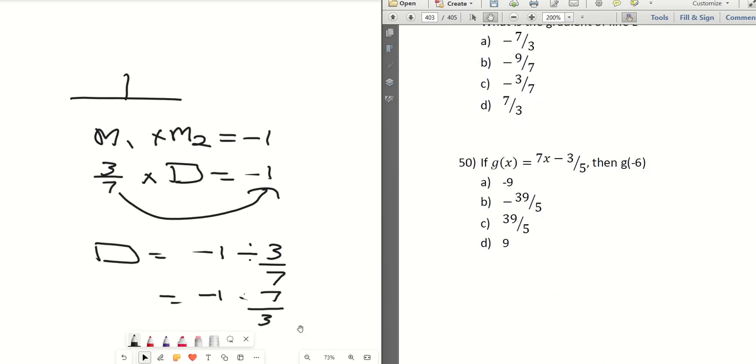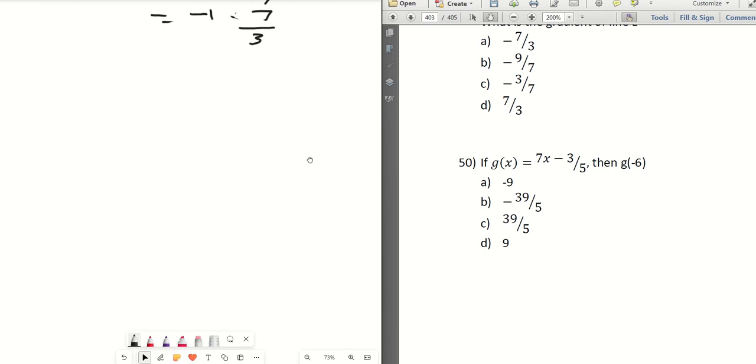50. If g of x is equal to... that one is g of -6, right? They told you that the function g of x is equal to 7x minus 3 all over 5.